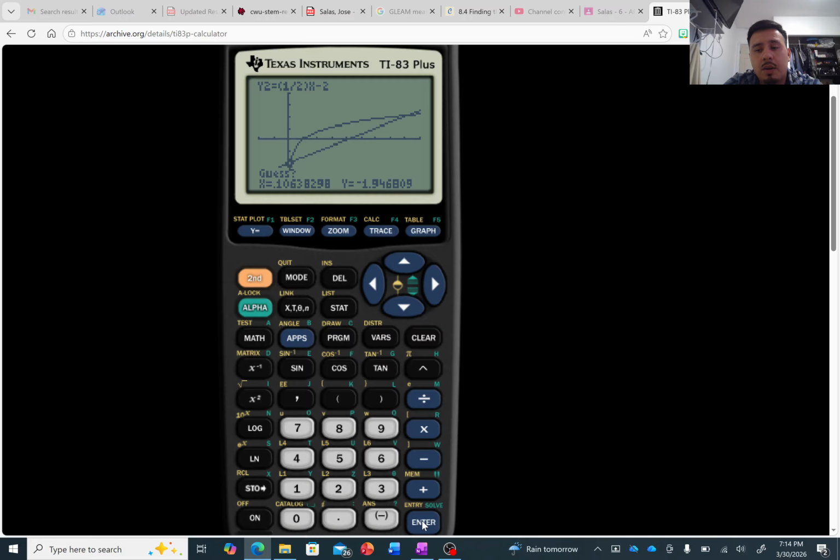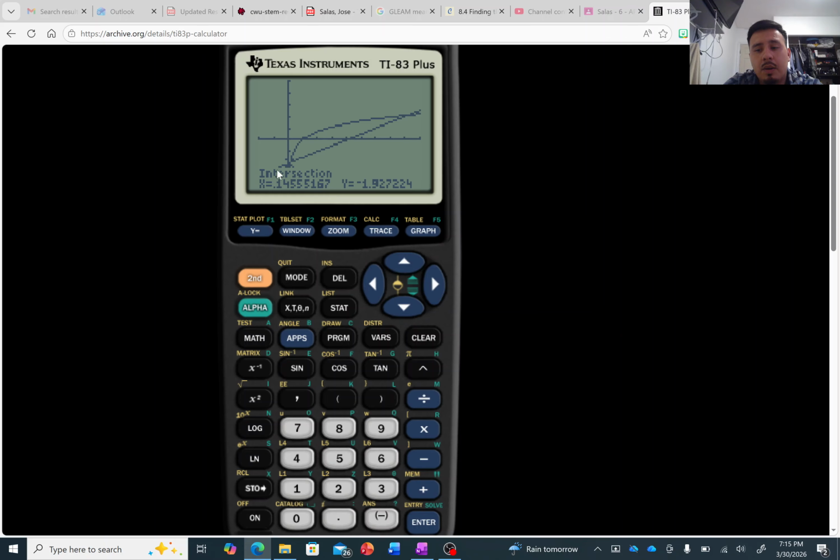So I hit enter. By the way, if your cursor is not close to this side, you can shift it using the pad. Then hit enter, and then it will give me this intersection. So this intersection here is that x is equal to 0.145555167.